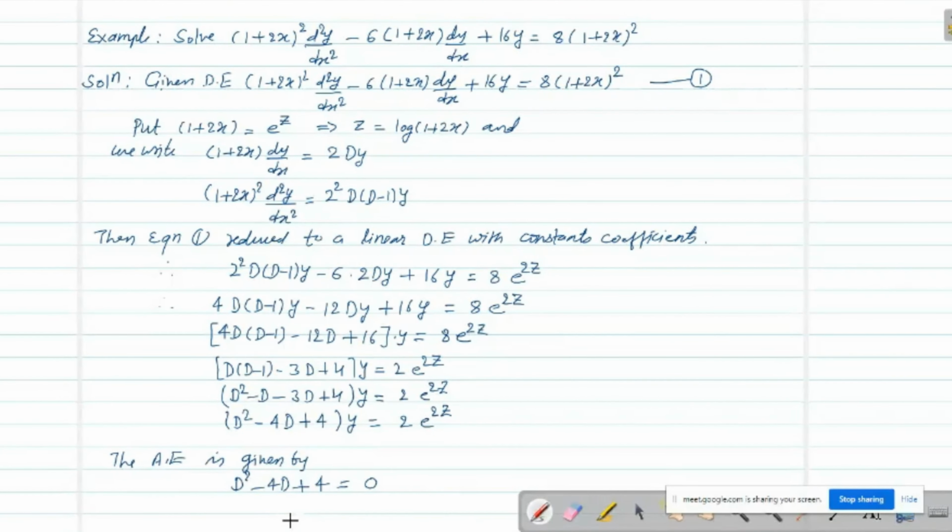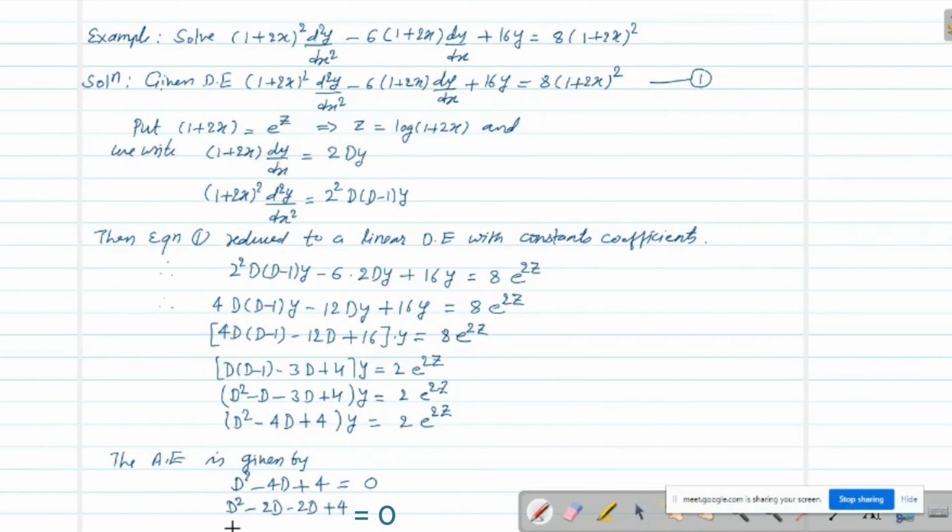Okay, and what are the roots of this auxiliary equation? 2, 2 will come, because there is a minus sign, so the roots of this auxiliary equation are 2 and 2. If you don't know, just factorize it. Okay, let me factorize. So now find the roots of this auxiliary equation: d square minus 2d and minus 2d and plus 4.